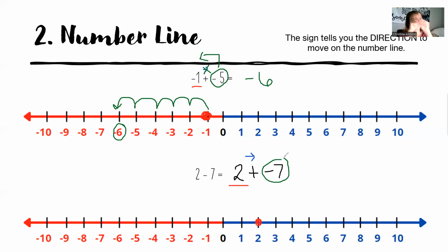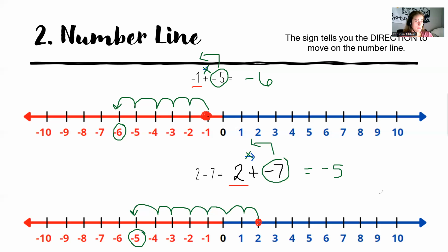So the opposite of going to the right would be going to the left. So we are going to count to the left, towards our negative numbers, 7 times. 1, 2, 3, 4, 5, 6, 7 lands us at a final answer of -5.